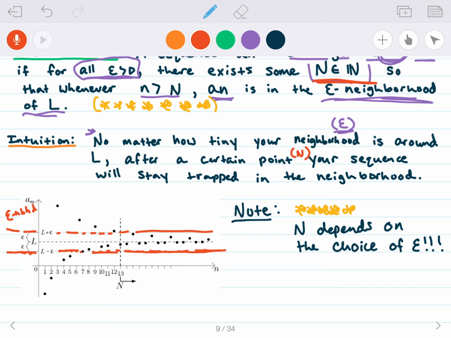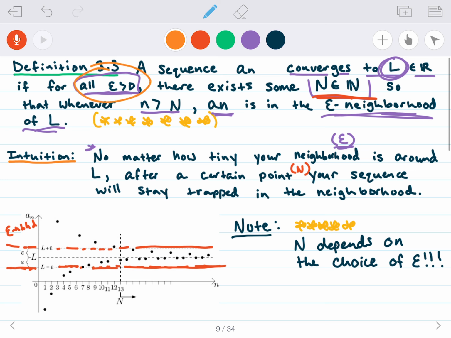Did this have to be the epsilon neighborhood? Could I have made it even closer to L, even smaller? Yeah, I can do that. But what this definition is telling me is that whatever epsilon neighborhood I choose, there is some point in the sequence so that when I go past that point, all of my terms in the sequence stay in the neighborhood.